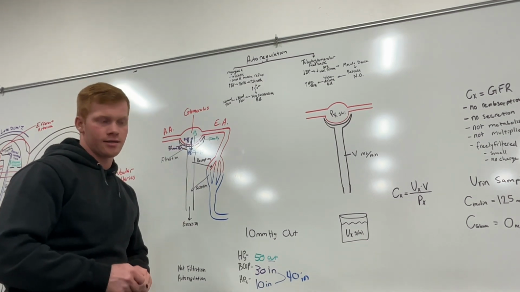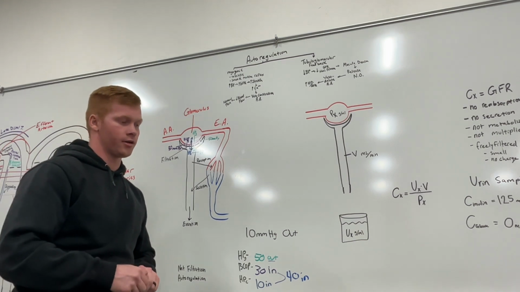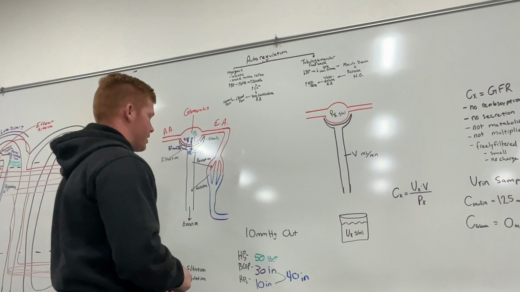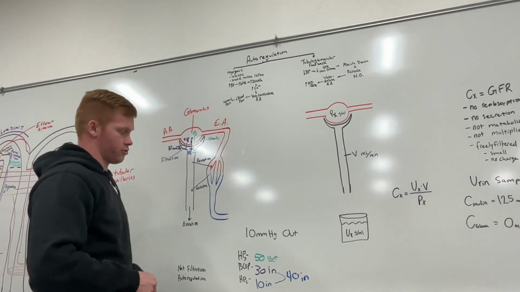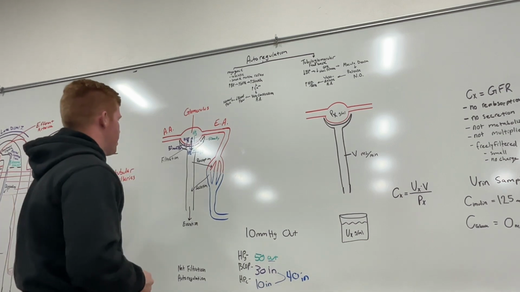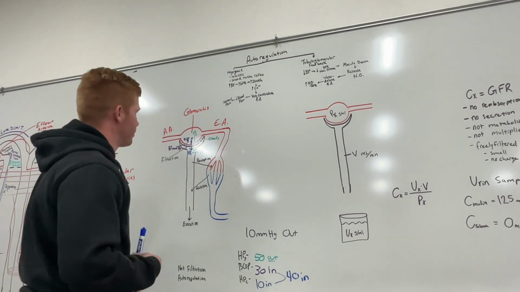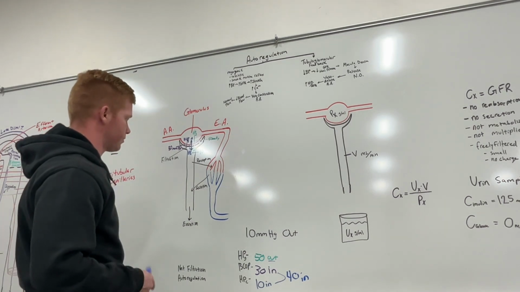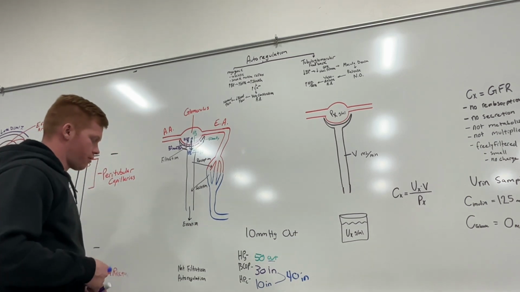Something called the GFR, the glomerular filtration rate. We want to keep that glomerular filtration rate within its healthy range, and there are different things we can do to regulate that and keep it good when it's not good.